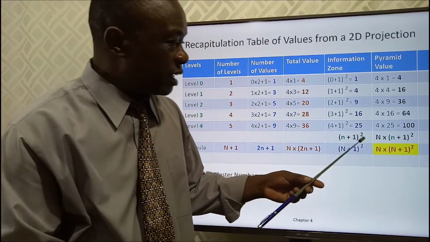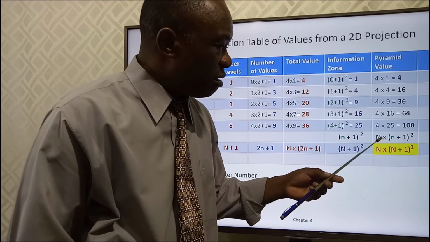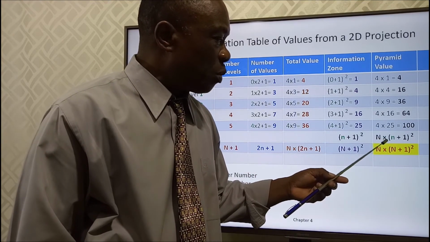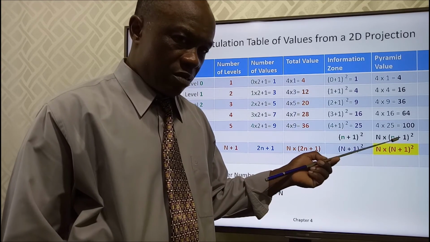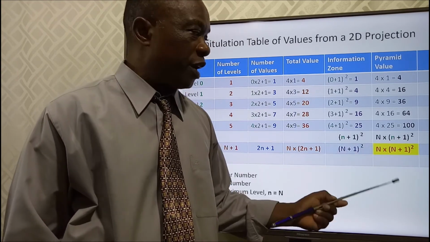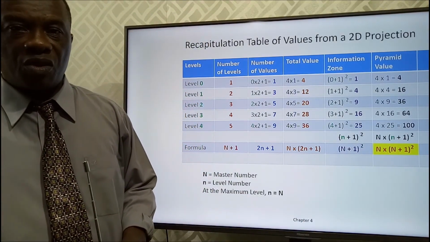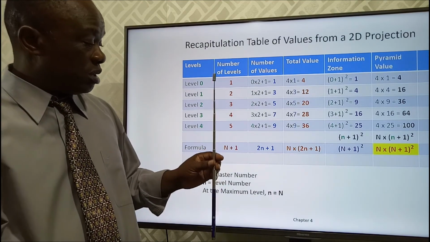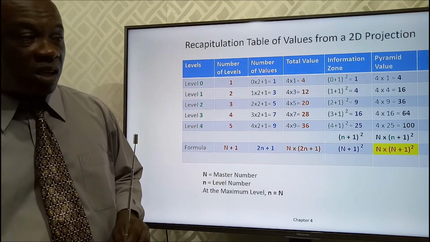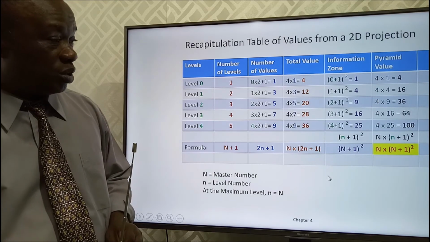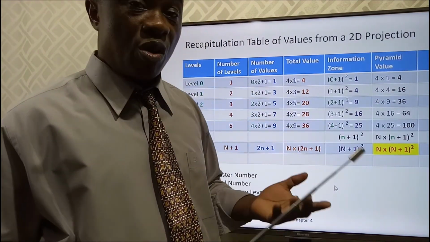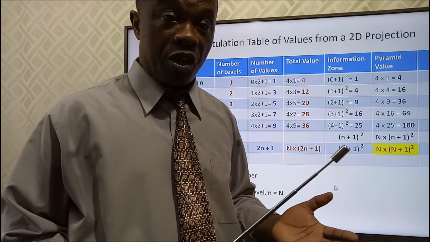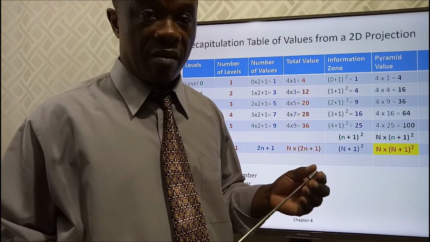So you have to get the master number multiplied by the level number plus 1 squared. So this is what I wanted you to know about the projection of a number in 2 dimensions.